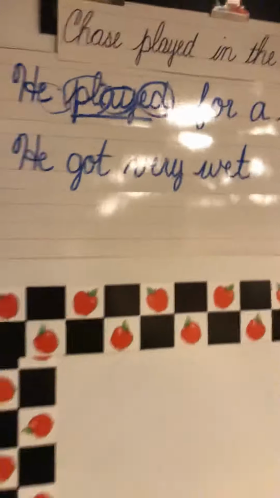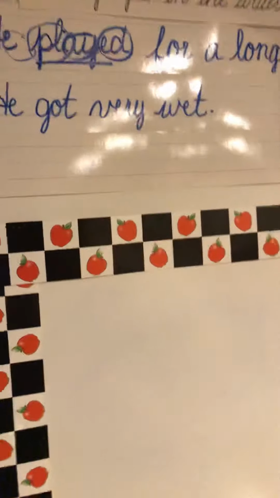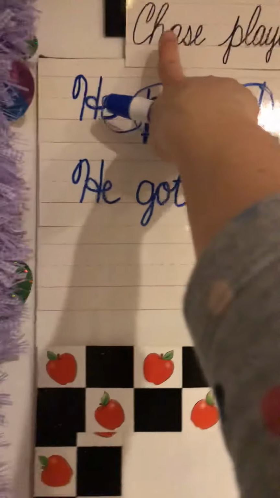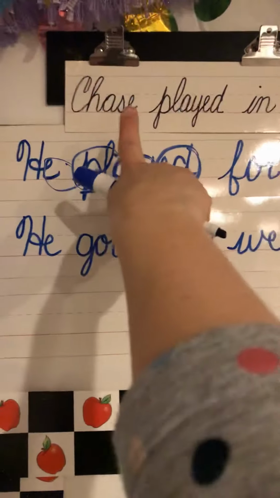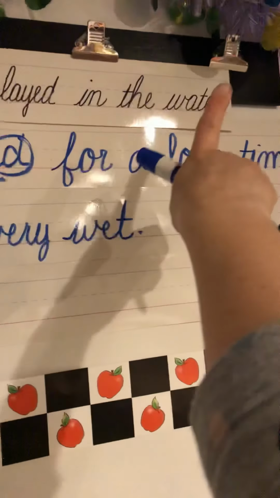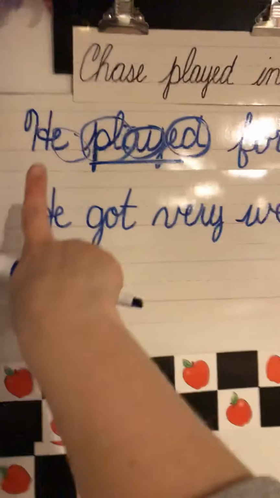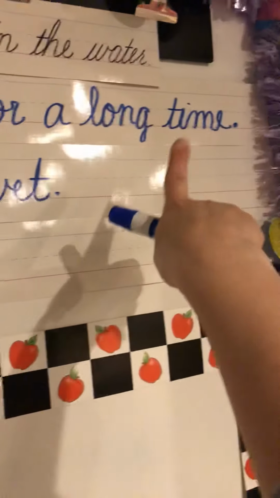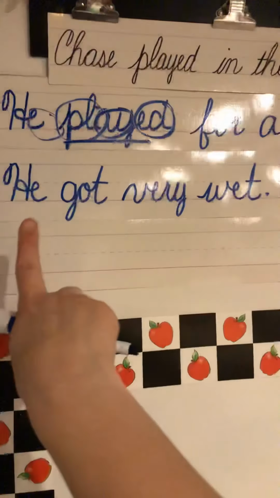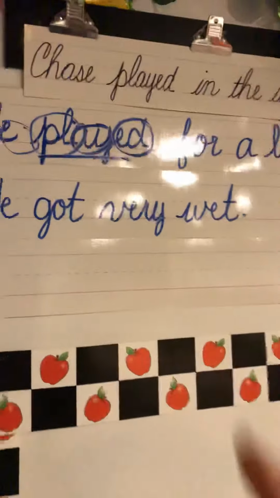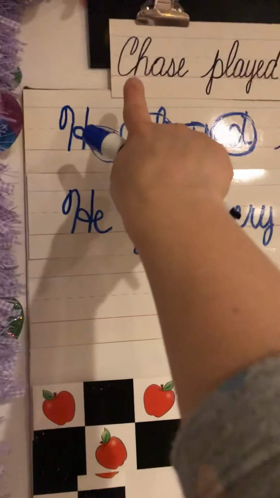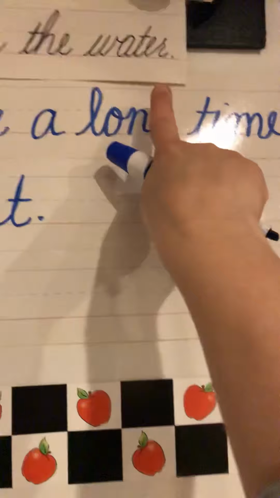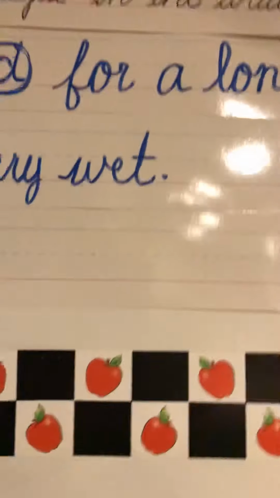Now let's read my story. This one's a very short story. My first sentence is up at the very top. Chase played in the water. He played for a long time. He got very wet. Every one of my sentences starts with a capital letter and ends with a punctuation mark.